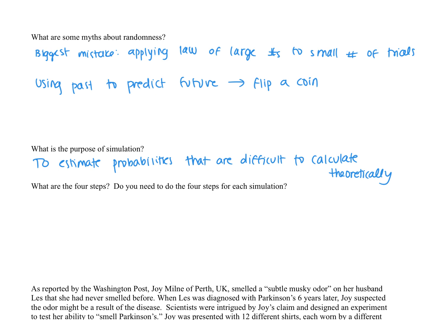So after today, you're going to learn some of the rules of how to calculate probabilities, but right now we don't know. And so if we don't know, we're going to use a simulation. And then sometimes there's situations where even theoretically, we don't know how to calculate them.